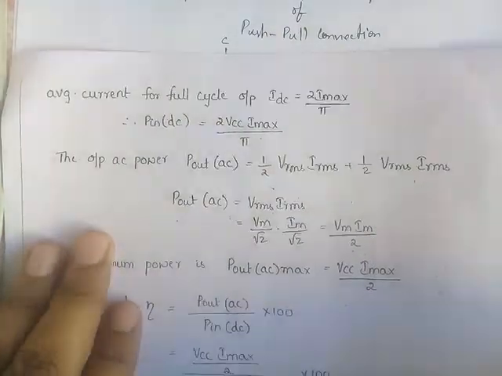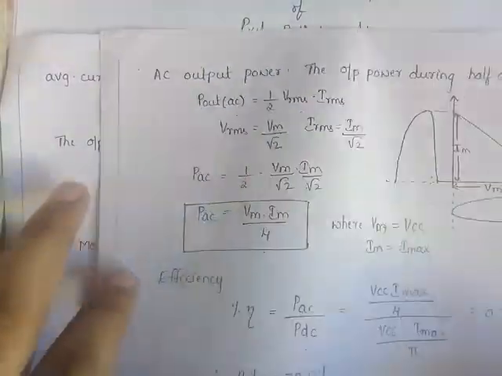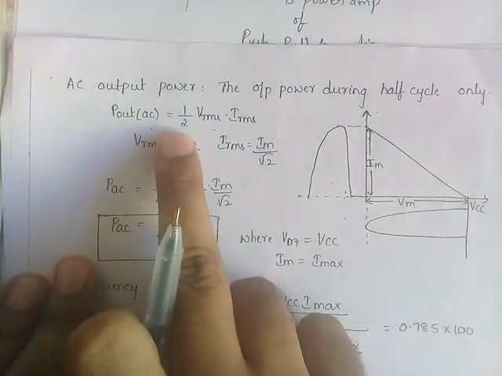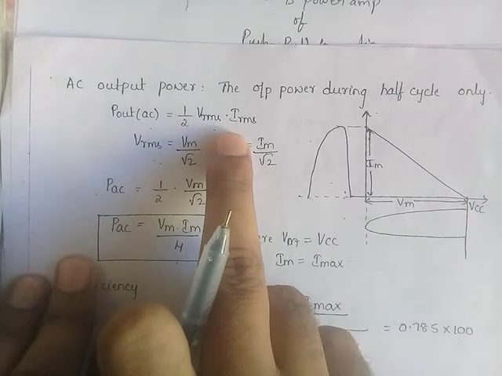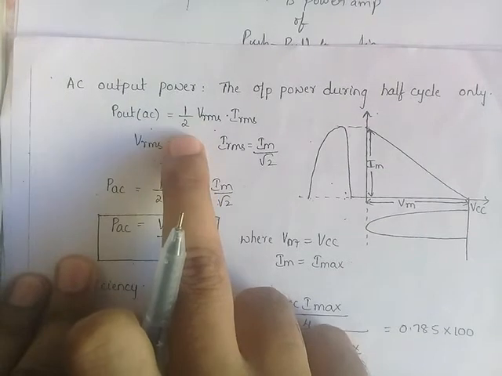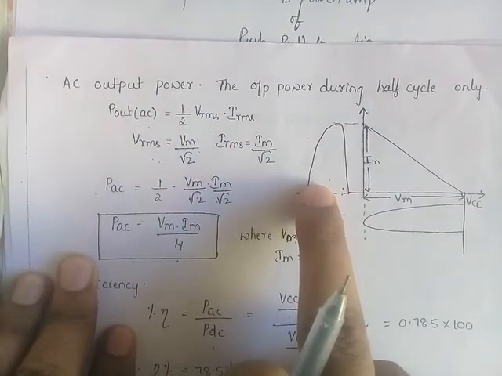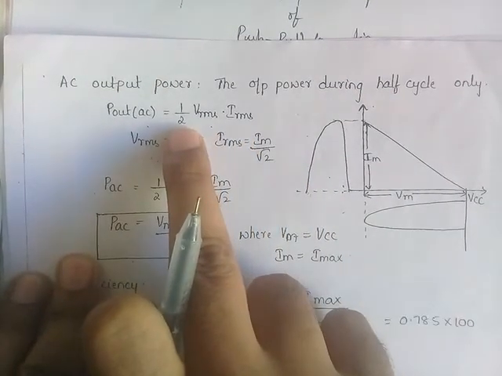And what about the AC? In the AC, for the class A power amplifier we get P out equal to 1 by 2 into Vrms into Irms, yes or no? But that is for the half cycle, where 1/2 is taken. Here you are getting the full cycle at the output for the push-pull connection of your class B power amplifier, so no need of taking 1/2 here.